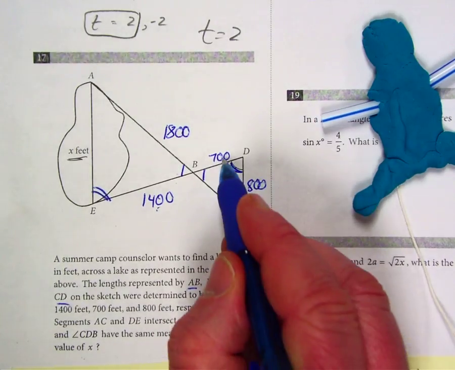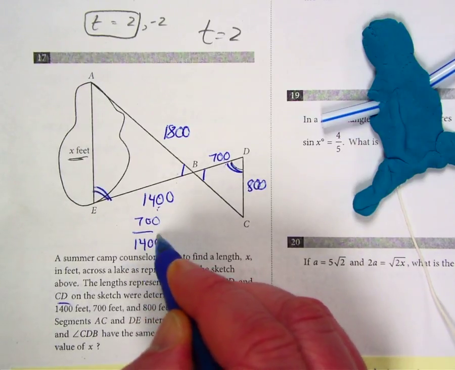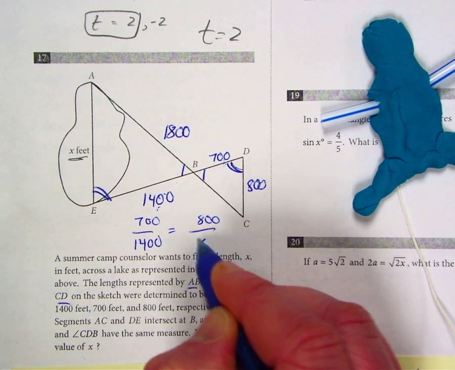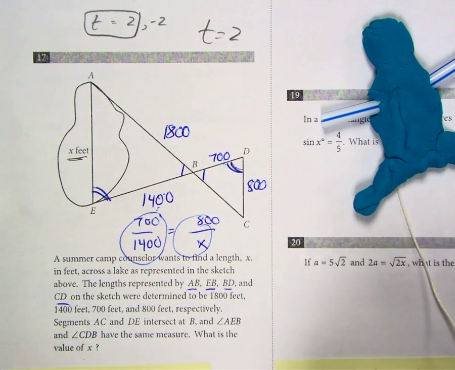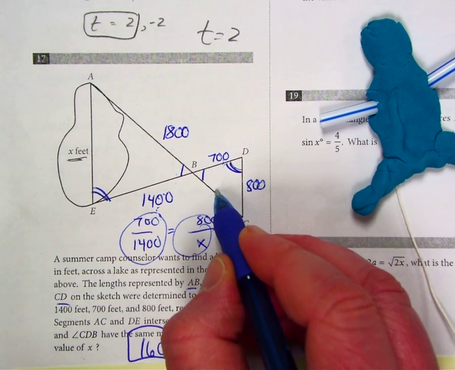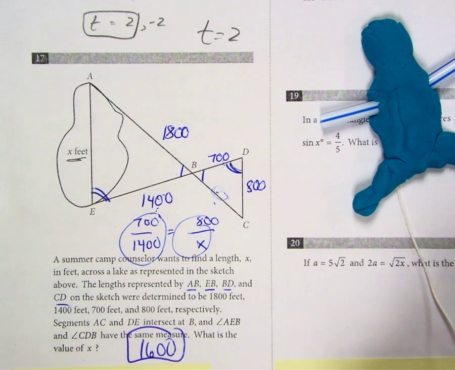So 700 over 1400 equals 800 over x, or if you see that they're a 2-to-1 relationship, you know that's 1600. So the correct answer is 1600. They could have also asked for this side right here. That would have been 900, because half here.